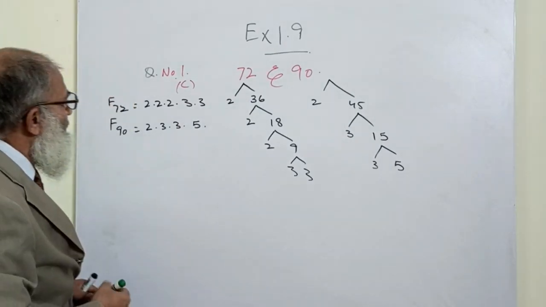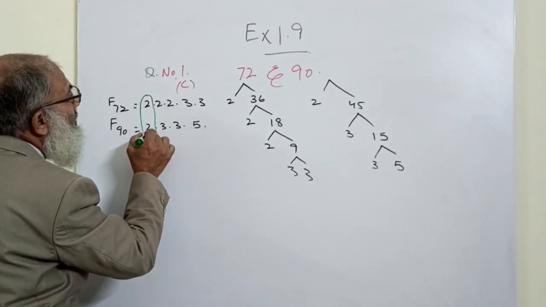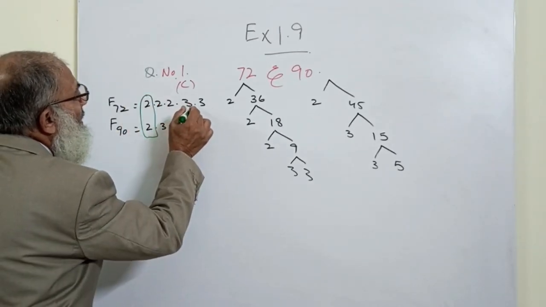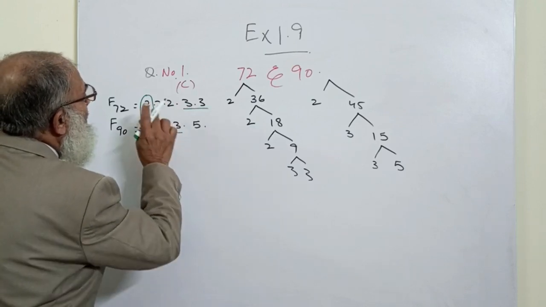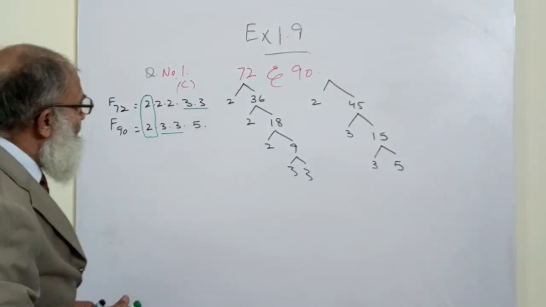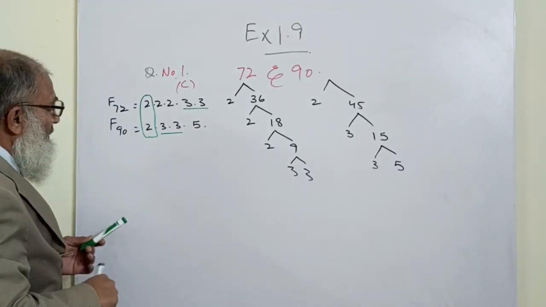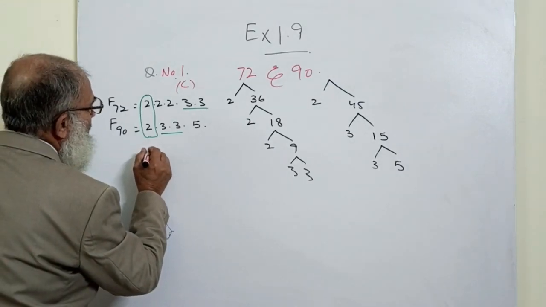So come up with the common factors now. This is common, and these two are common again. But this is not common, this is not common, and this is not common. So what is the HCF now?